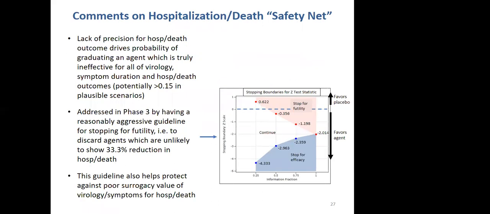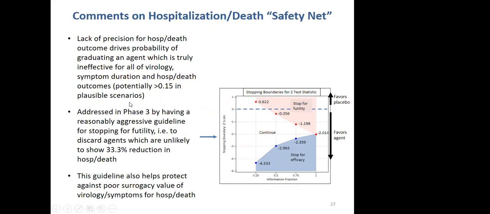The problem with that is that it's an imprecise outcome. And with imprecise outcomes, when you use those Bayesian probability statements, where the posterior probability just has to be bigger than 0.6, the criteria are more readily met.